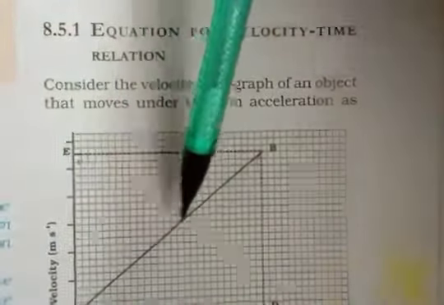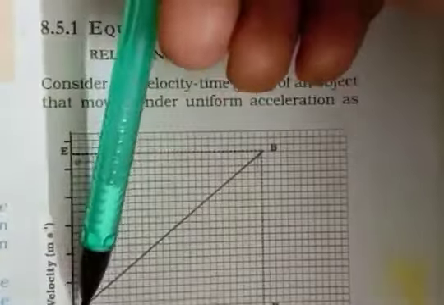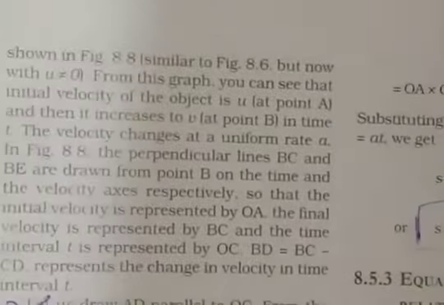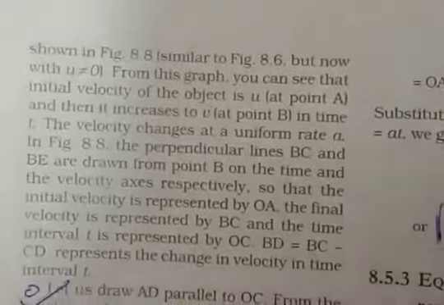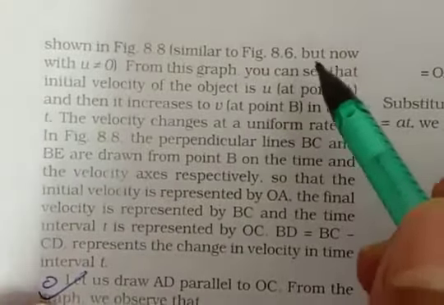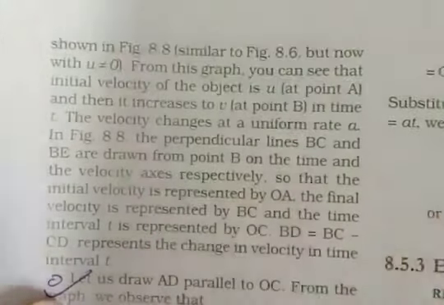This is an object which is moving with uniform acceleration. Why? Because it is a straight line. As shown in figure 8.8, but now with u not equal to 0.